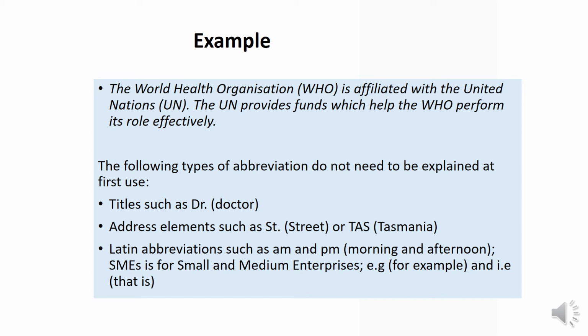When you see TAS, you already know this refers to Tasmania. Another type is Latin abbreviations such as a.m. and p.m. referring to morning and afternoon, or abbreviations such as SMEs for small and medium enterprises, or e.g. for example, or i.e. for that is.